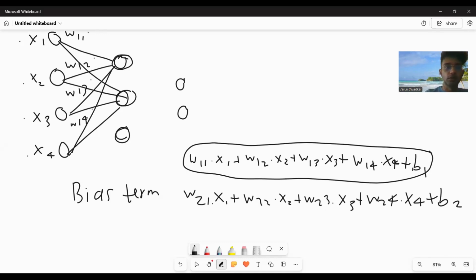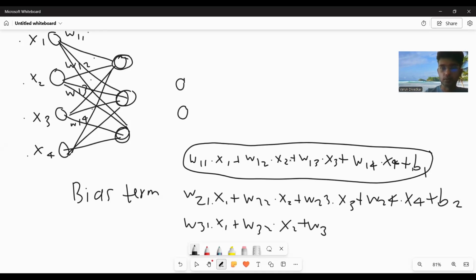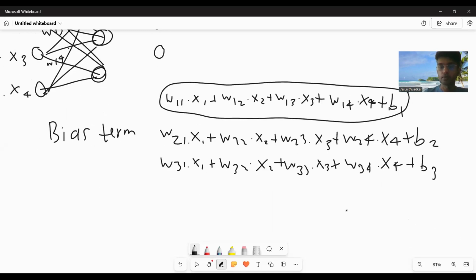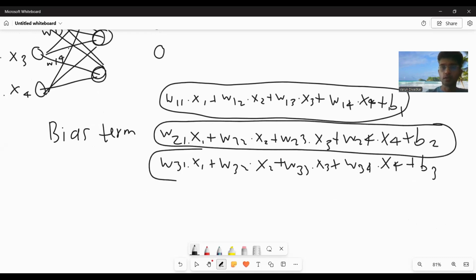And similarly for the third node, it's going to be W31 X1 plus W32 X2 plus W33 X3 plus W34 X4 plus B3. So these three are the values going to each of the hidden nodes.